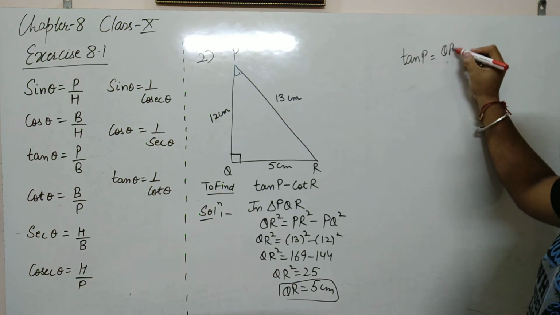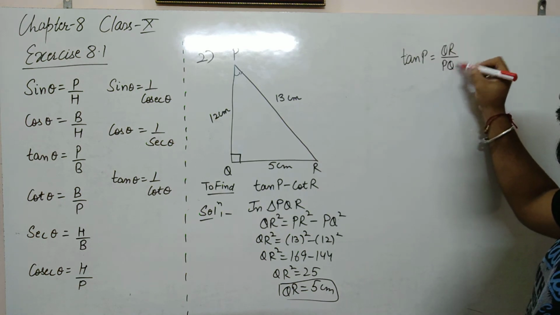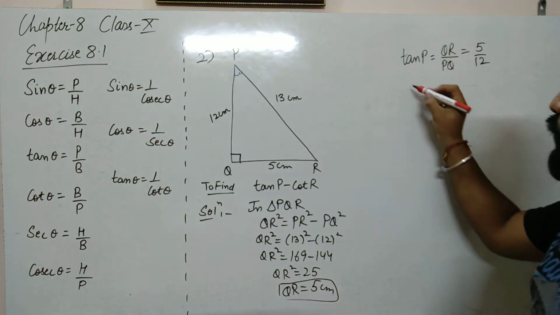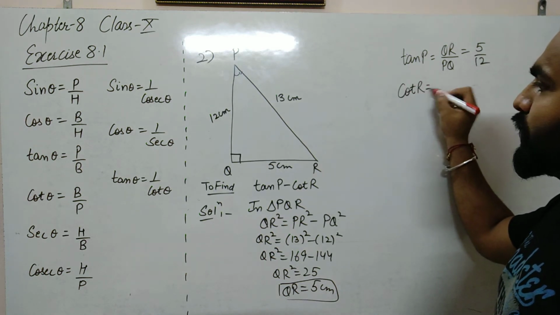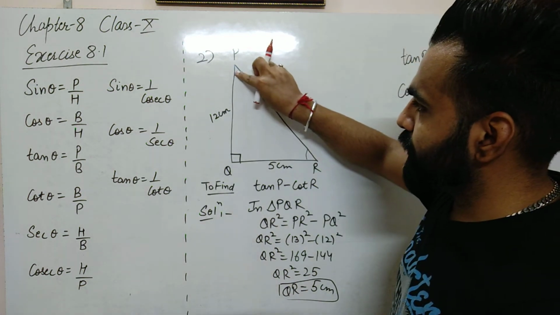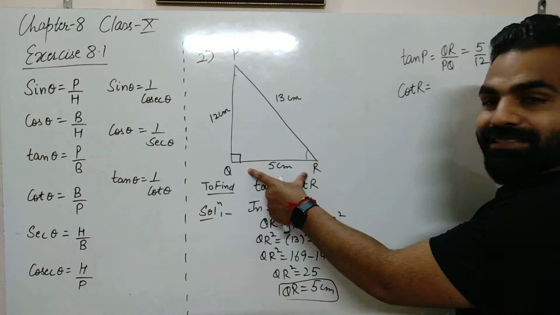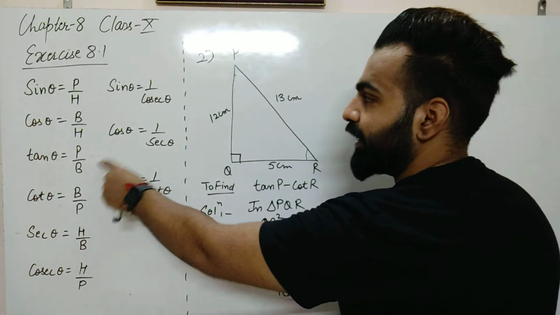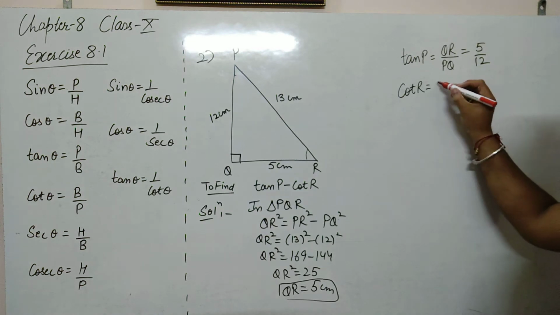Or we can write QR by PQ, 5 by 12. Now we will find cot R. Now we are talking about this angle. So this will be the base now and this will be the perpendicular. And what is tan? P by B. So this will be 12 by 5.